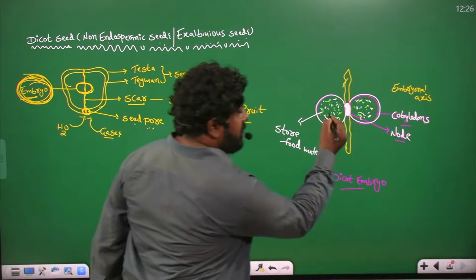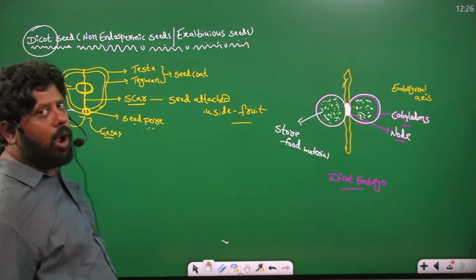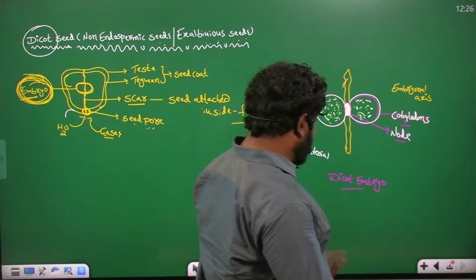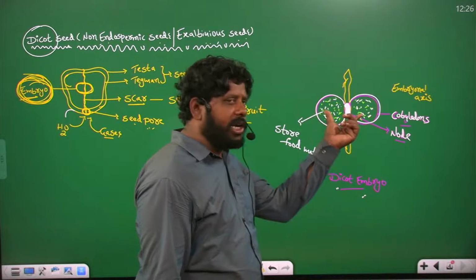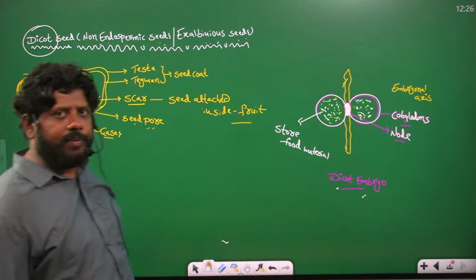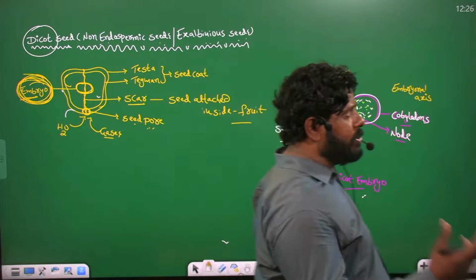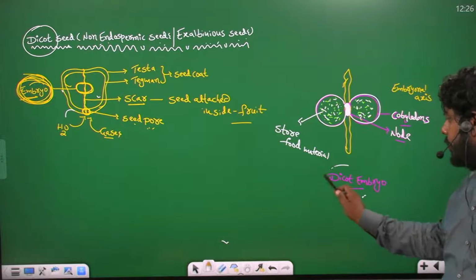Because of the presence of two cotyledons, the seeds are called dicot. In the dicot embryo, two cotyledons are present. That's why these seeds are called dicot seeds. Di means two, cot means cotyledons.